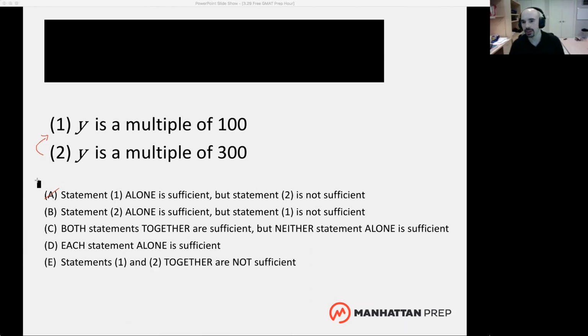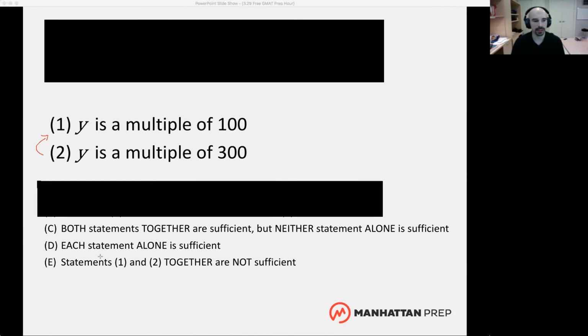Emily, we just saw a few questions for which D would be the correct answer. Is y a multiple of 100? Is y a multiple of 10? Is y even? All of those questions would have led to D. So I can't eliminate D without knowing what the question is.